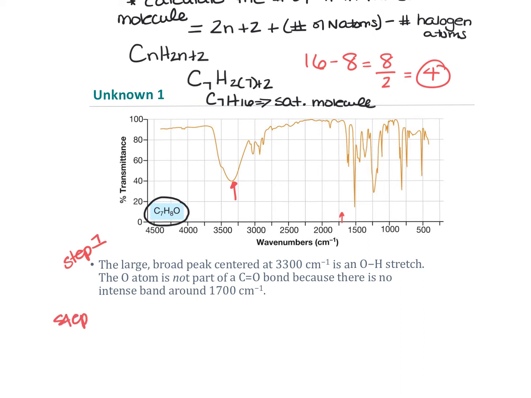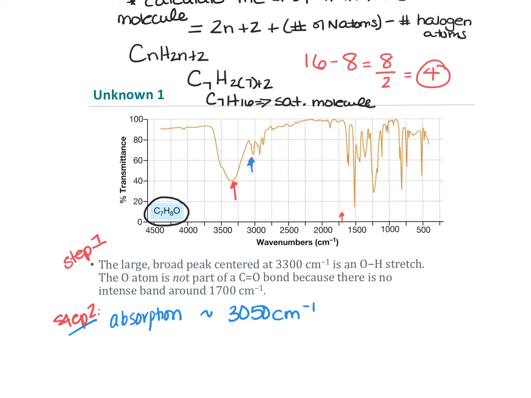So if we go to step 2, do notice that there's an absorption band right around, and I want to do a different color for step 2, so we'll make step 2 blue. There's that absorption right about 3050 centimeters to the -1.